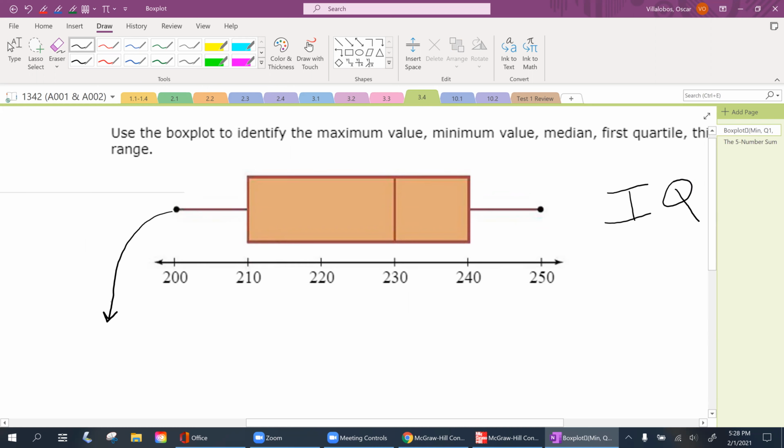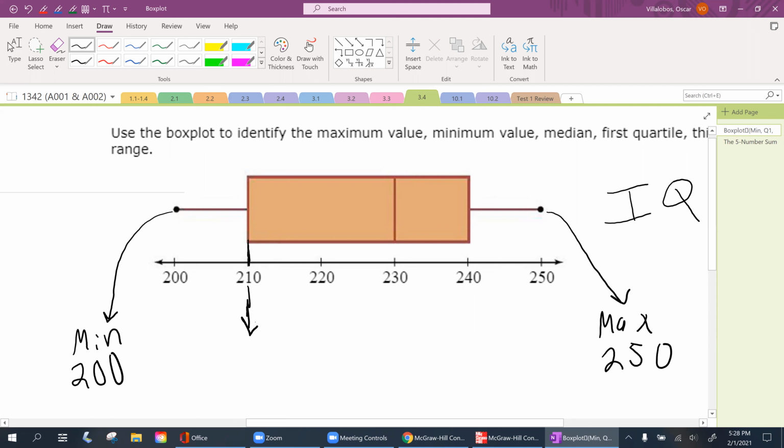this value here is going to be your minimum value, so a minimum value of 200. This here is going to be your max value, a max value of 250. This left edge of the box, what do we think that's going to be?